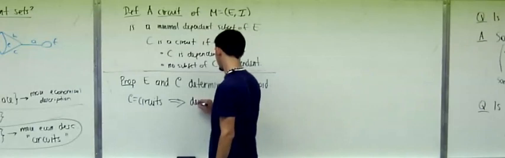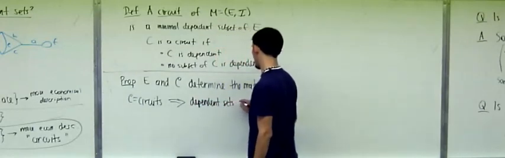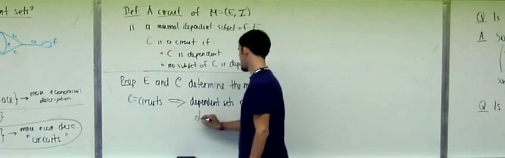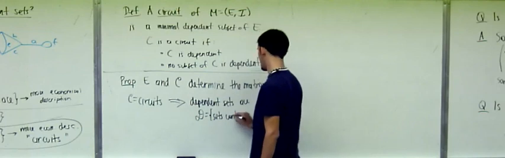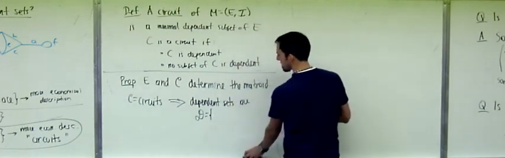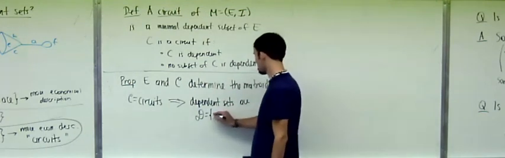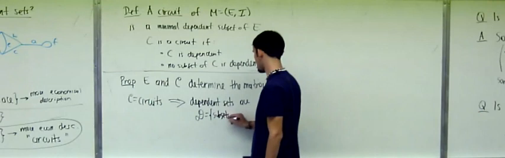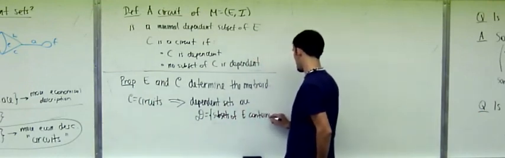Dependent sets are sets containing a circuit, supersets of a circuit: subsets of E containing a circuit.